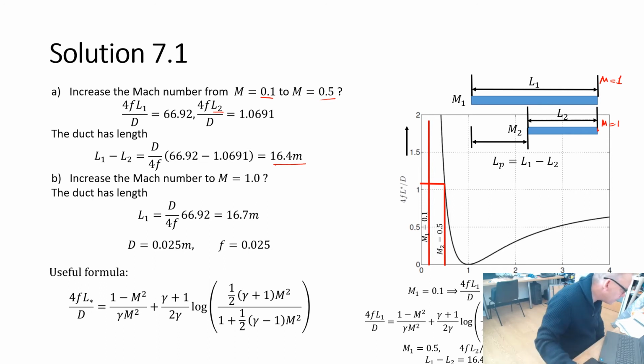So we have our critical length in dimensionless form, 66.92, then we can convert that into meters by multiplying by D over 4f. So a distance of 16.7 meters is sufficient for the flow to become choked. Relatively straightforward question. It's subsonic flow all the way through, apart from the last example where it's choked at the exit.